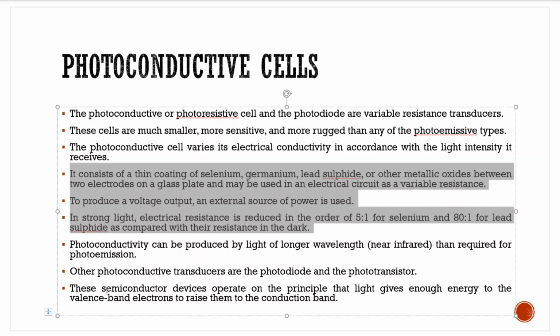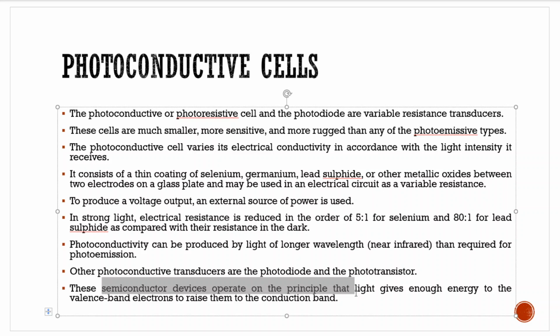These semiconductor devices operate on the principle that light gives enough energy to the valence band electrons to raise them to the conduction band. So when light strikes the photoconductive cell, the energy required for electrons to move from the valence band to the conduction band decreases. That means conductivity increases with increase in light intensity.